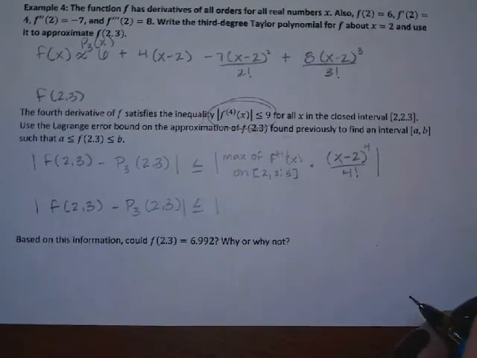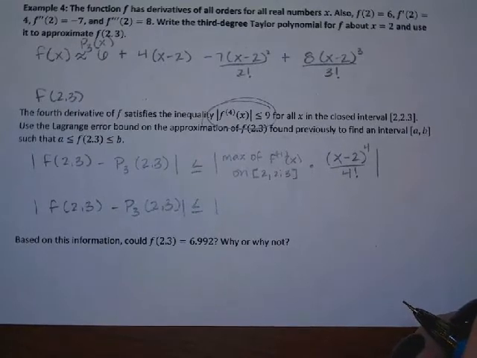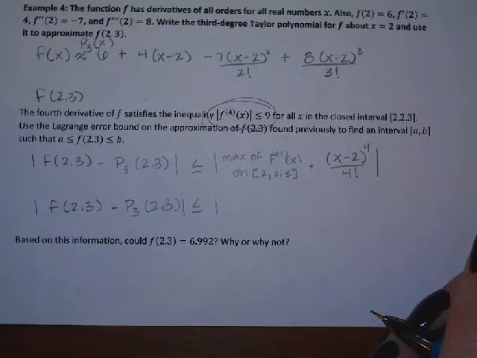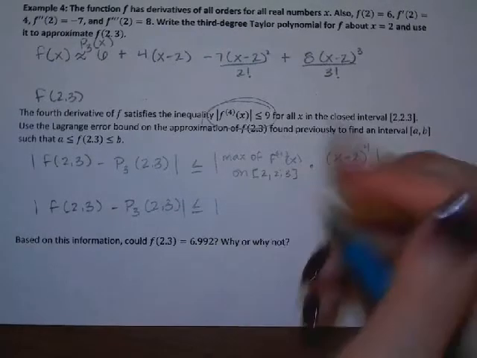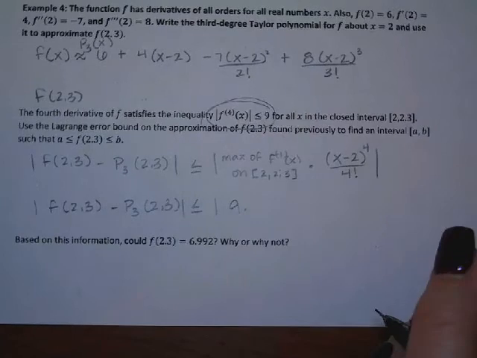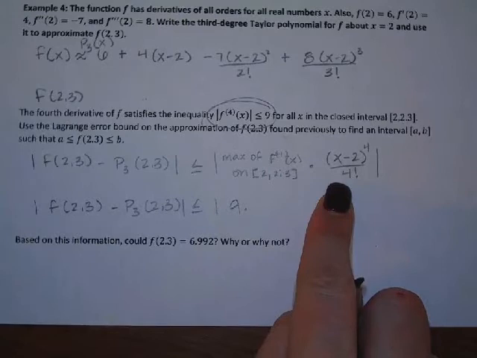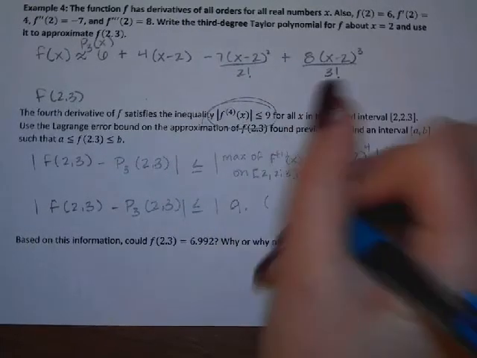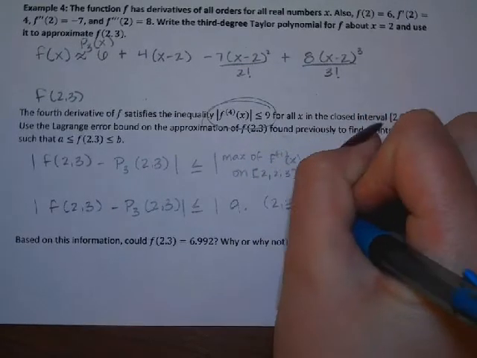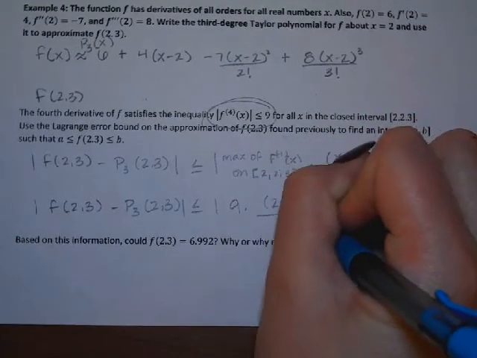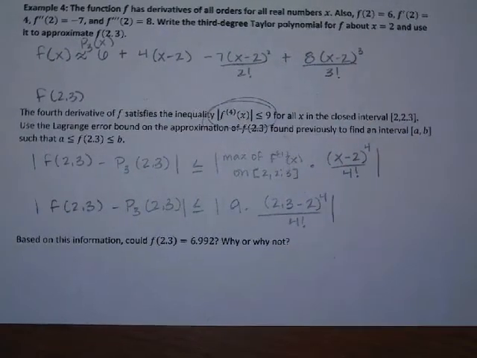So when we plug the numbers in, what are we going to have? Nine for the derivative times 0.3 to the fourth over 4 factorial, whatever that happens to be.